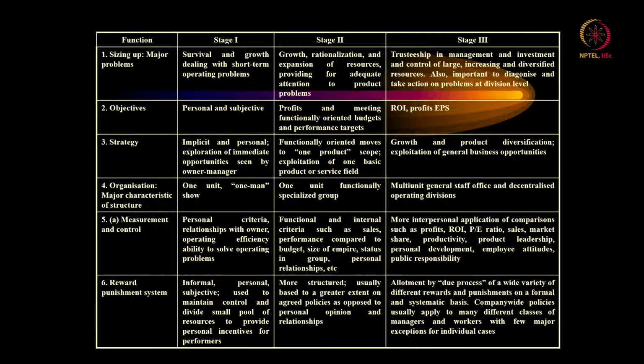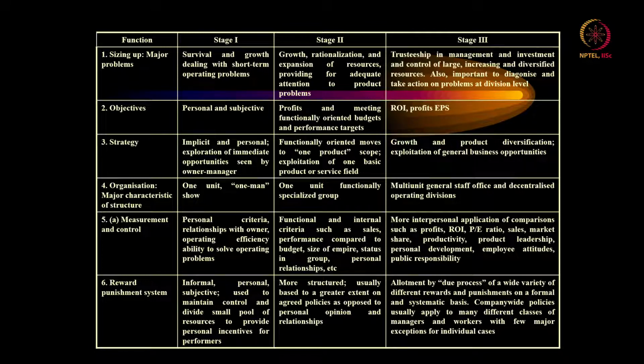It is not operating in just one country, it is operating around the globe. Okay. So, customer satisfaction should be the key in the whole scenario. So, this is what the stage 3 organizations face, suppose you have problems at the divisional level.